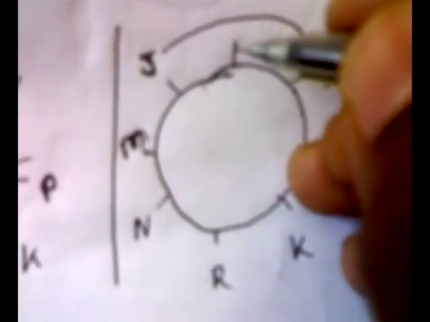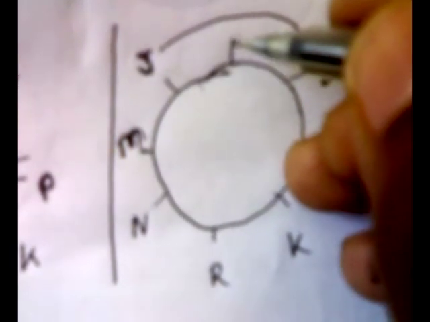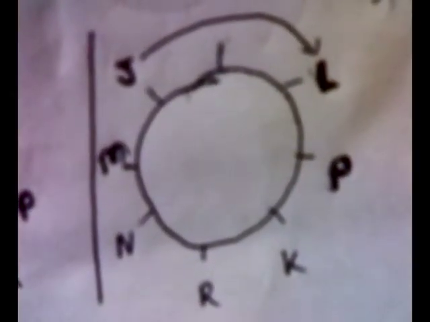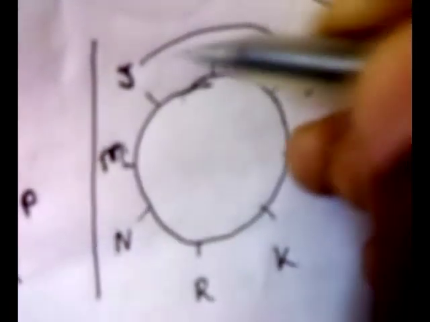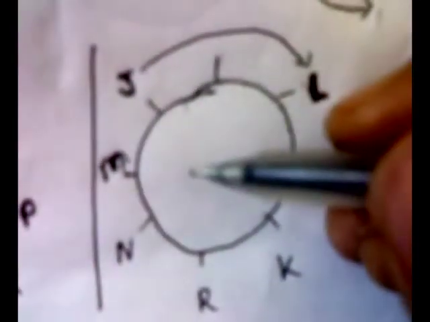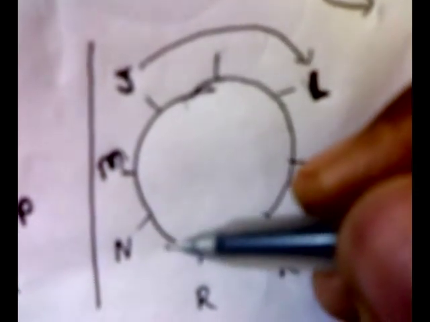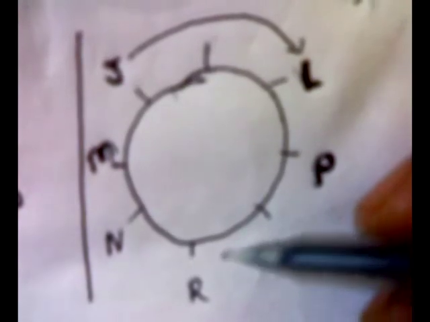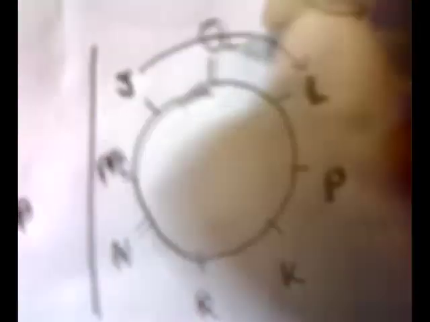Okay, now there's only one place left, and we have to find out who is sitting at that place. We have only 8 persons, and they are J, K, L, M, N, P, Q and R, out of which J is there, K is there, L is there, M is there, N is there, P is there, and R is there. Only Q is not there. So at the remaining place Q will be there.